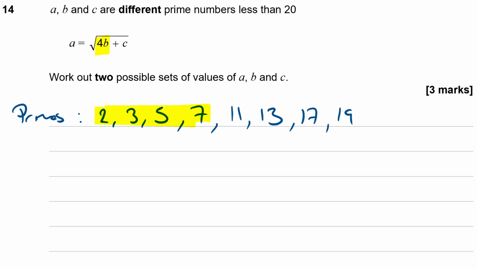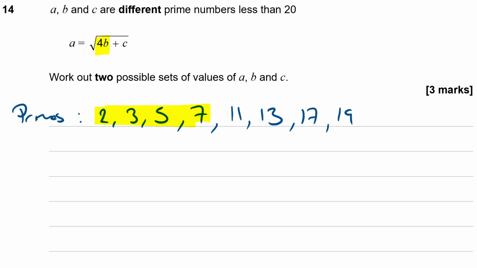Otherwise, if we multiply 17 or 19 by 4, our number's going to get too big, I think. Now, once we multiply it by 4 and add on c, we're square rooting. So we're aiming to get a square number, aren't we?